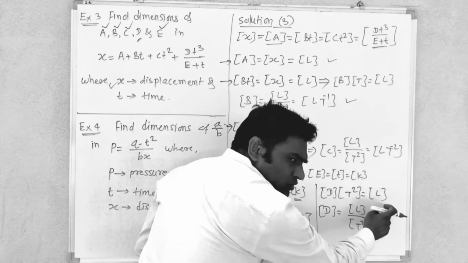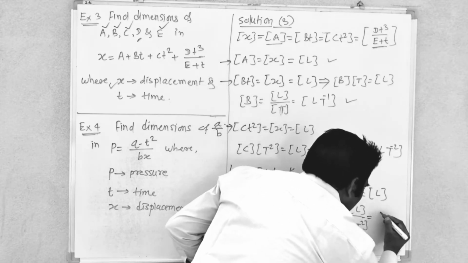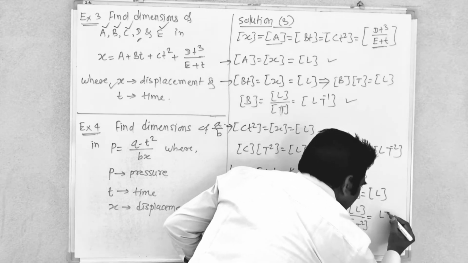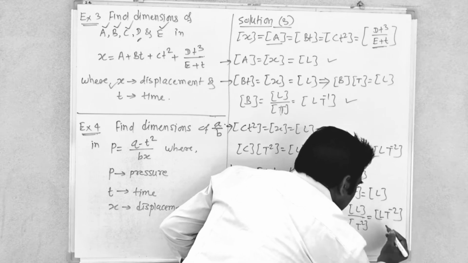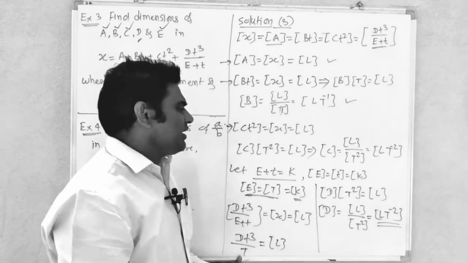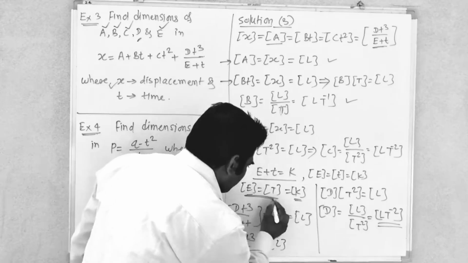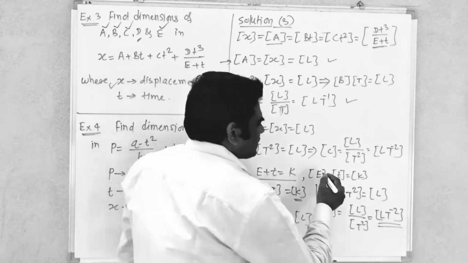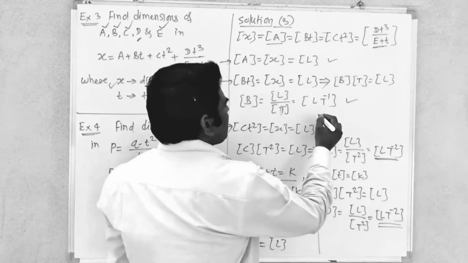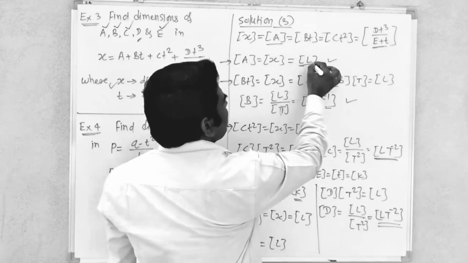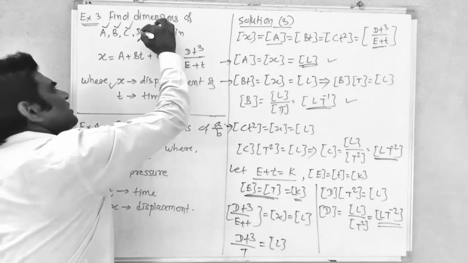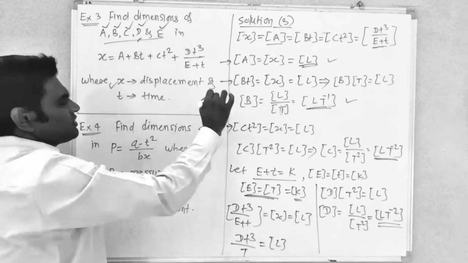This will go on this side in the denominator. Now L T to the power minus 2. So ultimately this is the dimension of D, this is the dimension of E, this is the dimension of C, this is the dimension of B, and this is the dimension of A. So in this way we have calculated all dimensions.